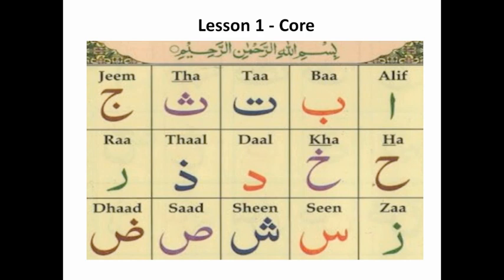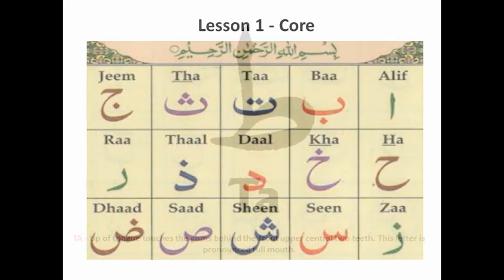So repeat after me. Alif, Ba, Da, Tha, Jim, Ha, Kha, Dal, Dhal, Ra, Za, Sin, Sheen, Swad, Dwad.